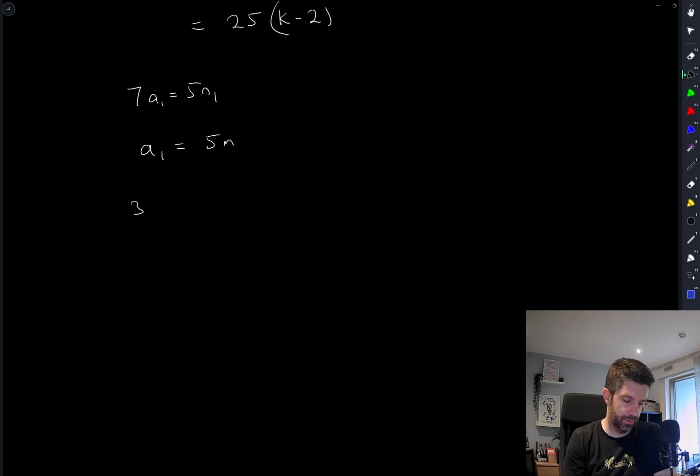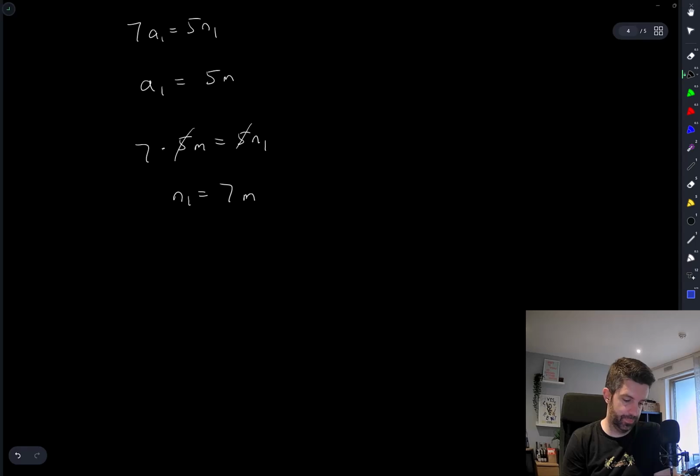So, well, let's figure this out more easily. 7 times 5m is equal to 5N1. So N1 is equal to 7 times m. So A1 plus N1 is equal to 12m.